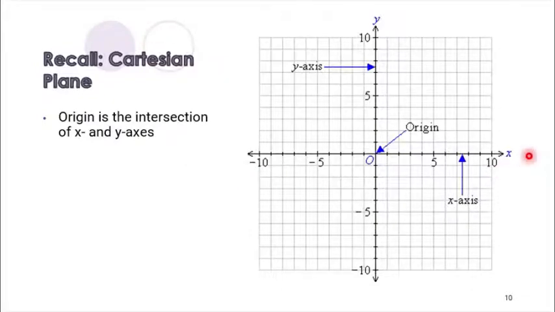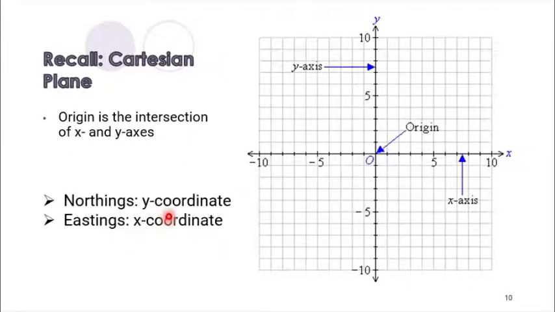In surveying, we describe northings as the y-coordinate, while the x-coordinate is the eastings. Northings is the north-south component, and the eastings is measured along the east-west component.